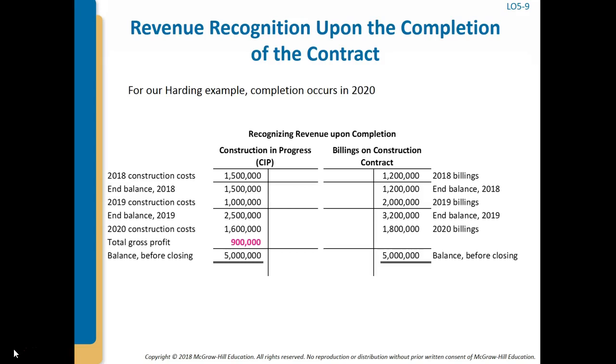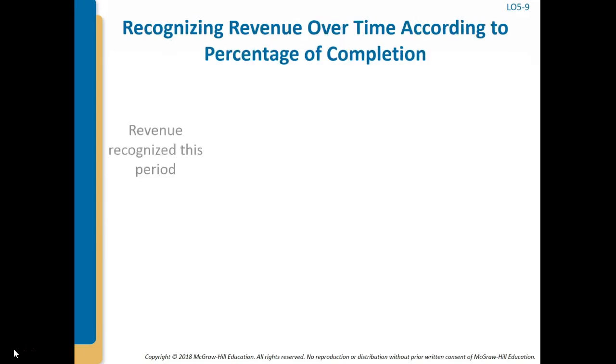Upon completion, Harding recognizes revenue of $5 million and cost of construction, similar to cost of goods sold, of $4.1 million. Because the asset is viewed as sold on that date, Harding includes the resulting $900,000 gross profit in CIP, increasing its balance to the $5 million total cost plus gross profit for the project.